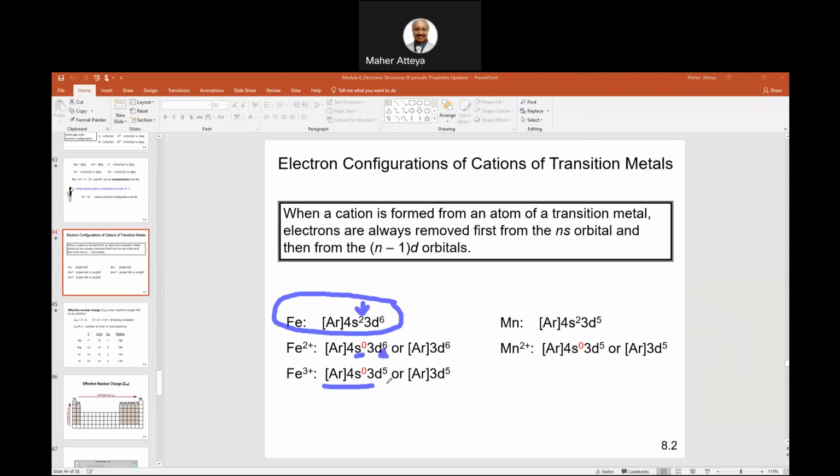So that will be the electron configuration for iron 2+. This is iron 3+. Same thing with manganese. This is the neutral one here, Mn2+. So you lost 2. So then the 2 here is taken away. So that will be 4s0.